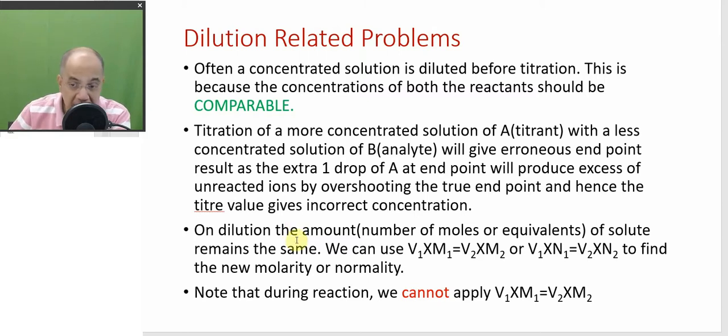On dilution, the amount of solute remains the same. So you can use either V1M1 = V2M2 or V1N1 = V2N2 to find the new molarity or new normality. Note that during a reaction, a titration experiment, we cannot apply V1M1 = V2M2. I have told you several times.